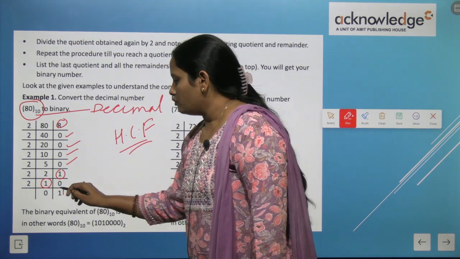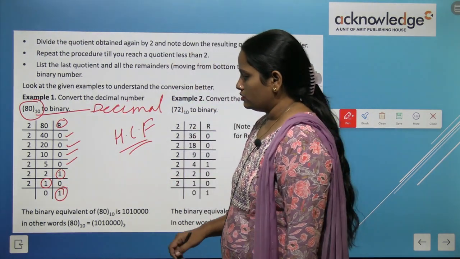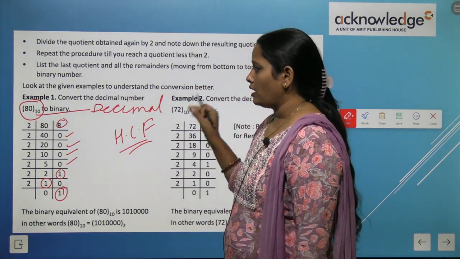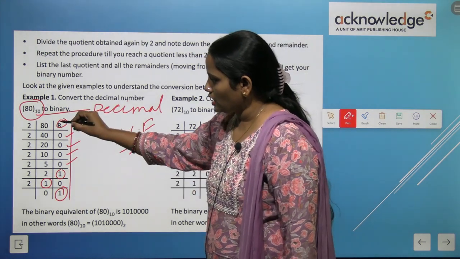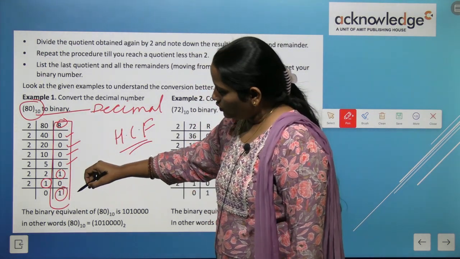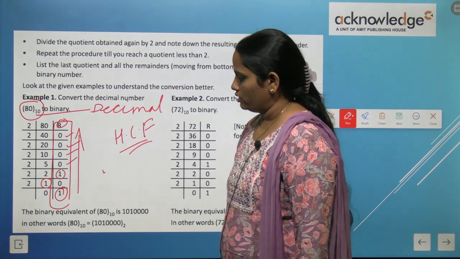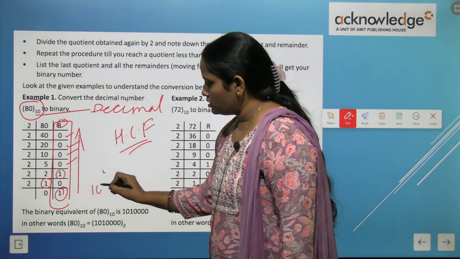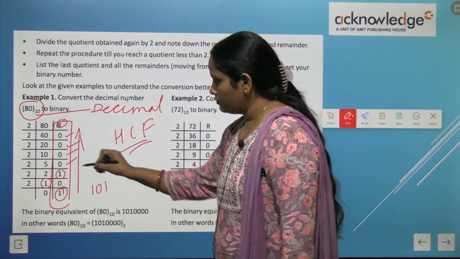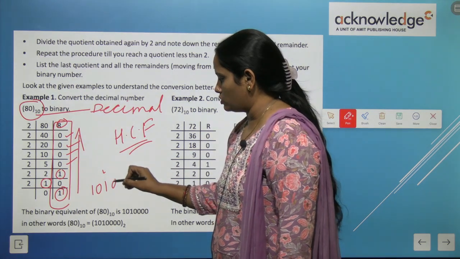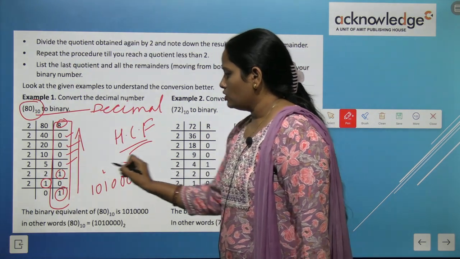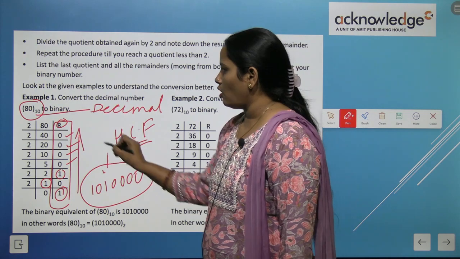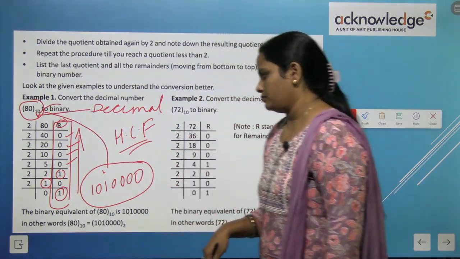So 1 will become our remainder here. So when we write down the binary number, this is our binary number. We write it in this order. So first we write 1, 0, 1 and then 1, 2, 3, 4, 4 zeros are to be written. So this is the binary number of 80.